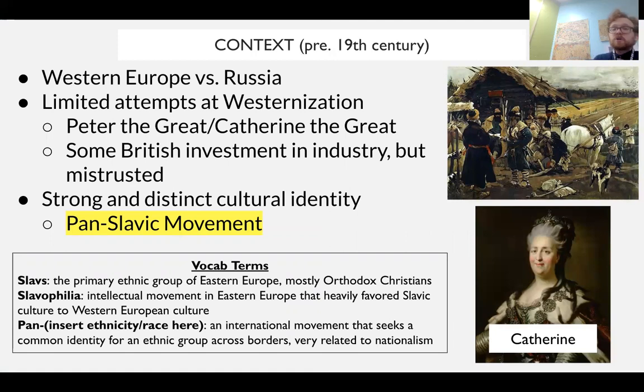Well, Russia, as we all know, is not going to industrialize prior to the end of the 19th century. Russia is mostly agricultural. It still has serfdom, for God's sake. There are few cities that are capable to support industrialization. So much of Russia is deeply behind in terms of Western Europe.